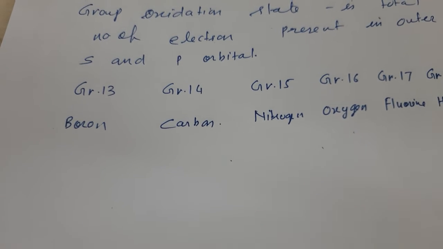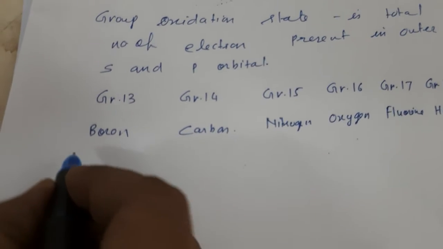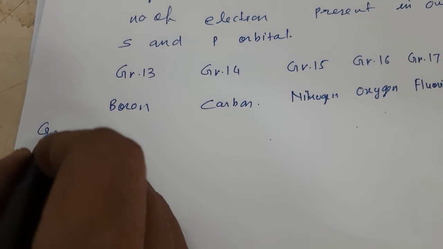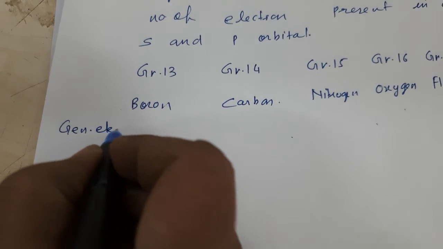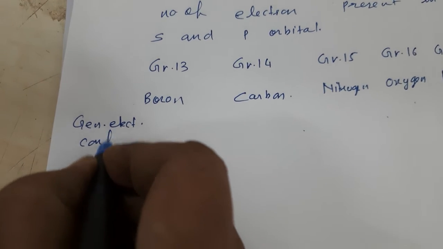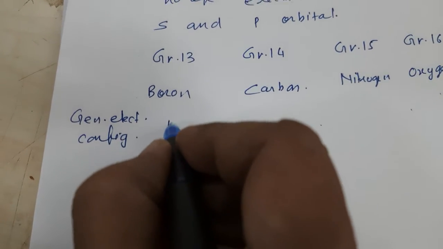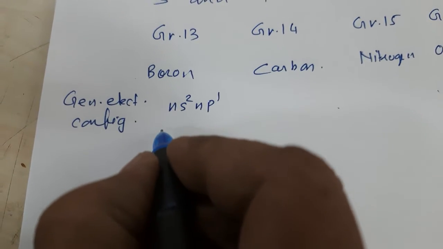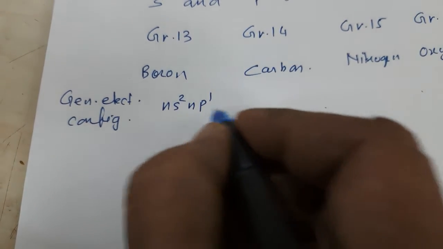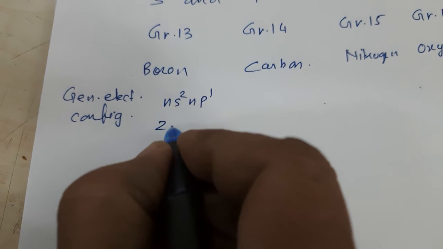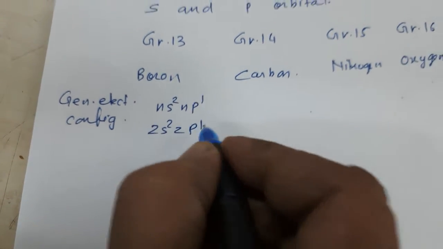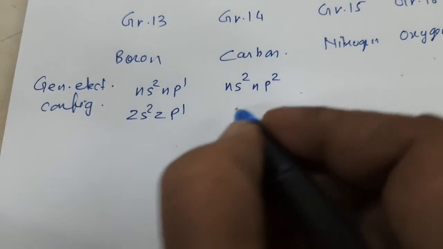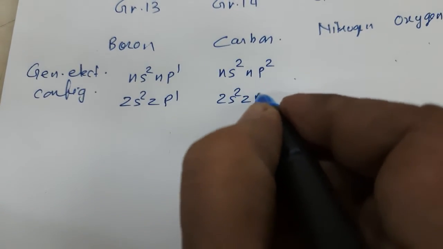Outermost configuration, if you see, the general electronic configuration is ns2 np1. In fact, in the case of boron it is ns2 np1, that is 2s2 2p1. In the case of carbon it is ns2 np2, so 2s2 2p2.